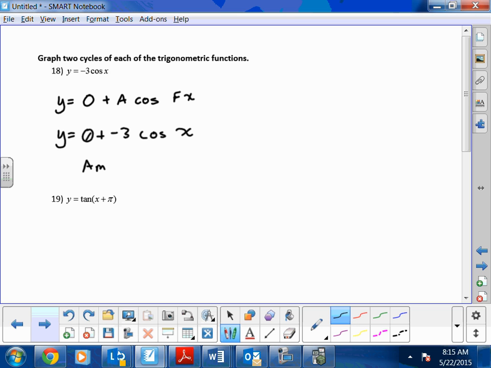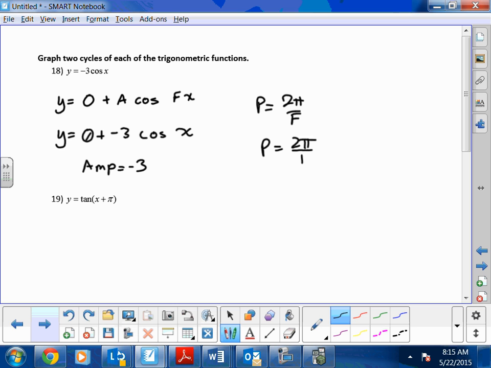Amplitude will be 3. The value of negative 3. And our frequency, or period, 2 pi divided by f. So which means that period is going to be 2 pi divided by 1. So our period is going to be 2 pi.